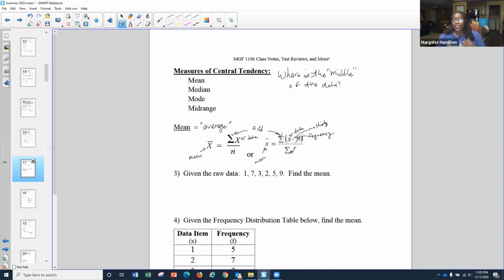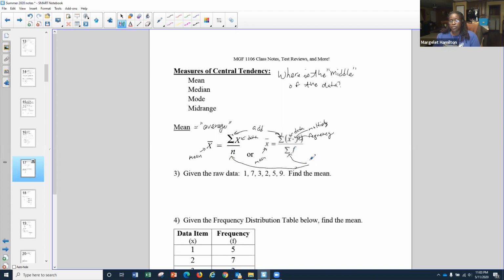How do we know? That's the F column I said, when we total it up, gives us our number of pieces of data. I told you that was going to be very important. When we add up that column, that gives us N. So this is just another way of writing N. These two things right here are the same.